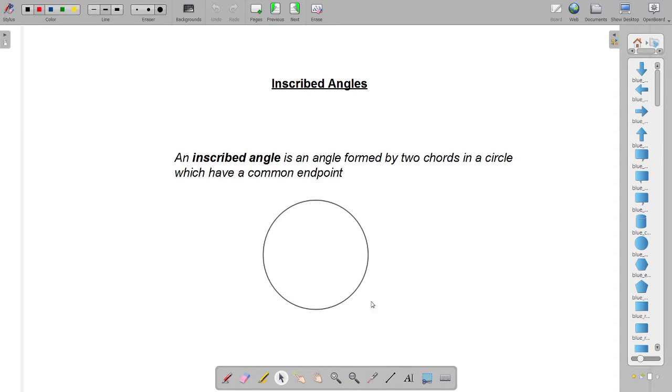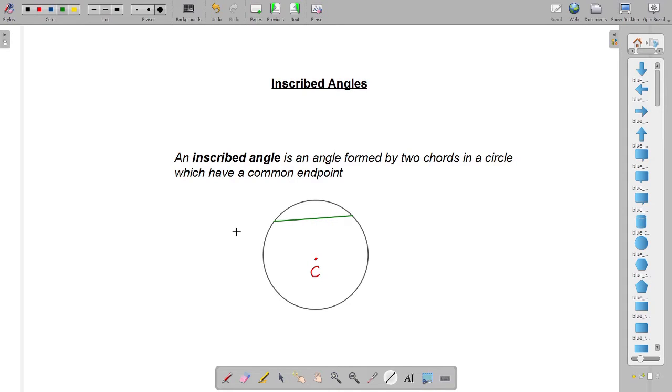So in terms of a circle, what does that look like? If I have my circle here, I'm going to call it circle C. Remember, we name our circles usually by the center point of the circle itself. An inscribed angle is made from two chords.